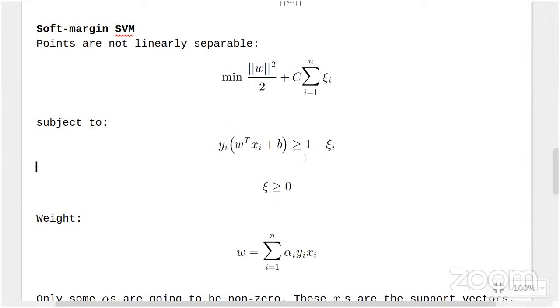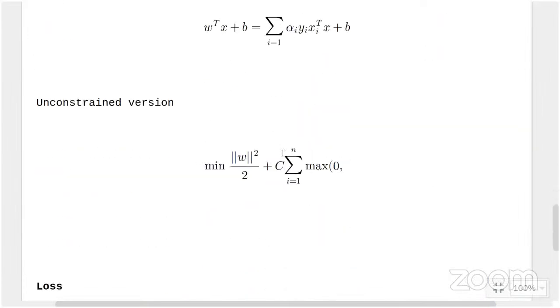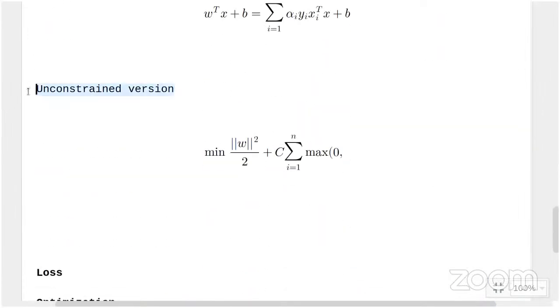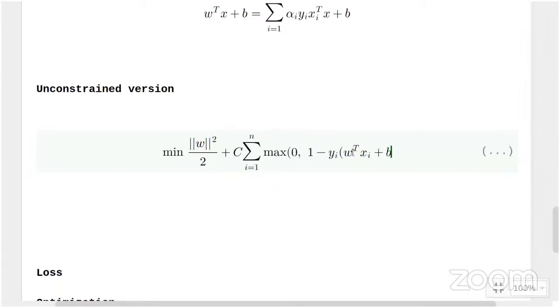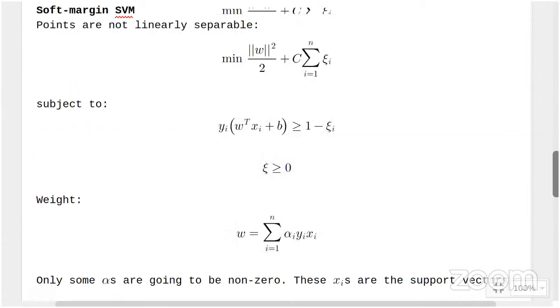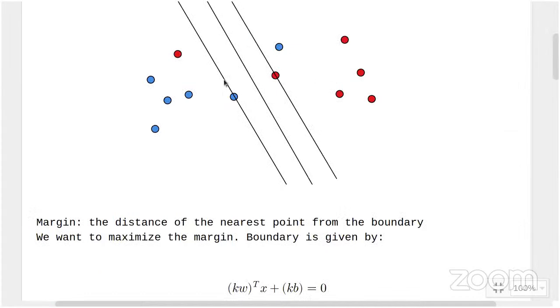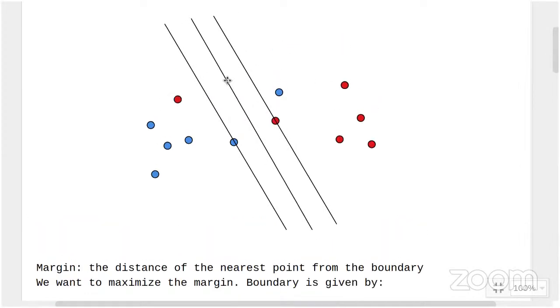Okay, so now I can rewrite this whole soft margin SVM problem as max of 0 comma 1 minus yi into (W transpose xi plus b). See, yi into (W transpose xi plus b) is the distance from the bounding plane, right? So that is this distance. 1 minus that will be this remaining distance, right?